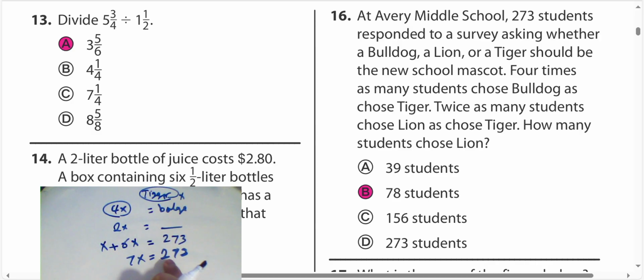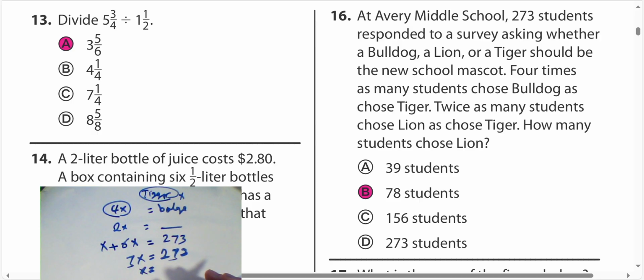We find the value of x first, for the tiger, and then find the number of lion.